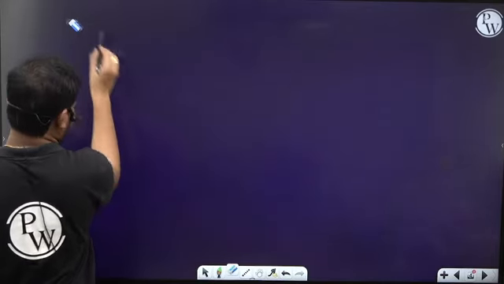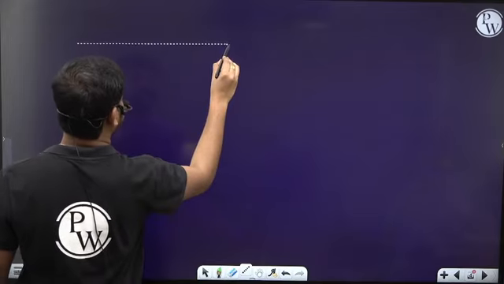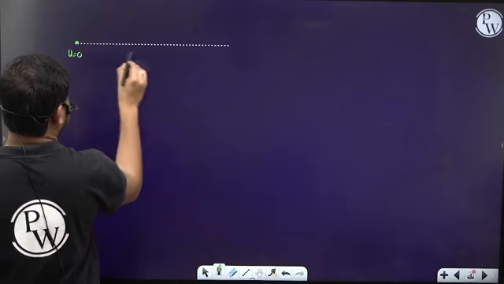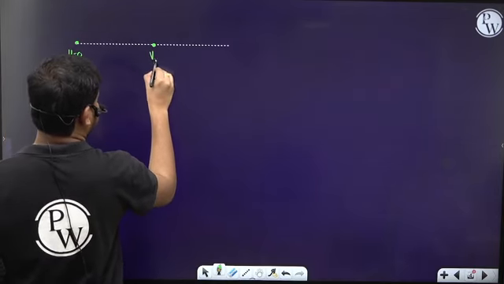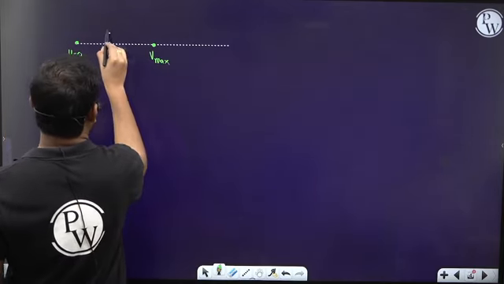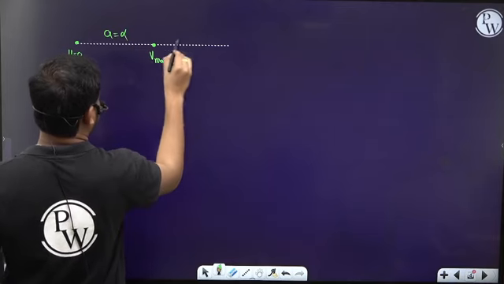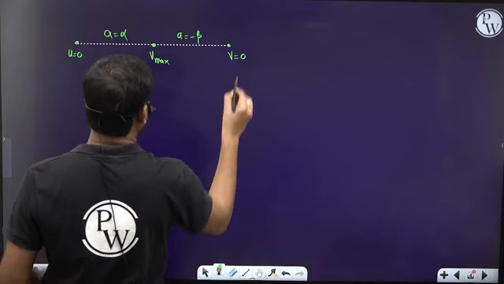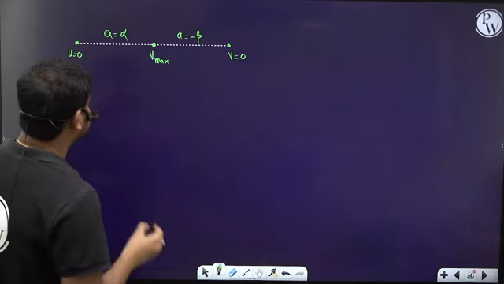Let me draw the diagram again. The body initially starts from rest, and then its velocity becomes maximum. Here it accelerates at the rate alpha, here it decelerates at the rate beta, and then it comes to rest. Let's draw this situation in the graph.